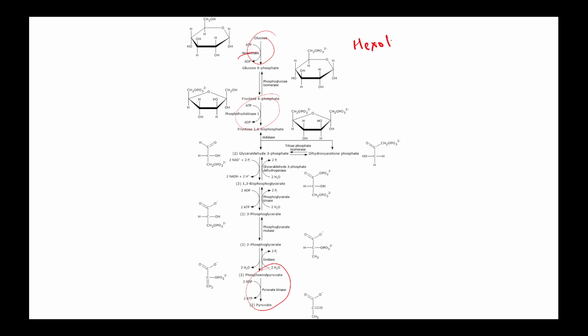This is irreversible, so for the reverse reaction, glucose 6 phosphate to glucose, we need another enzyme. Similarly, fructose 6 phosphate to fructose 1,6 bisphosphate, catalyzed by phosphofructokinase PFK1, is also irreversible, and for the reverse reaction, we need another enzyme.